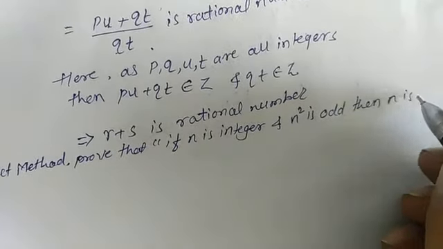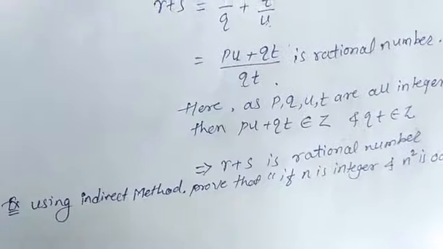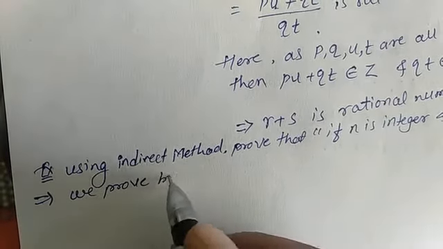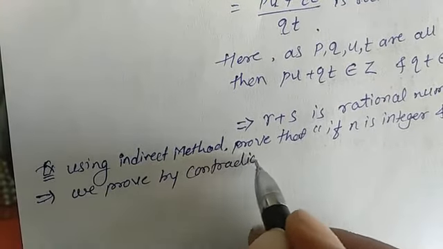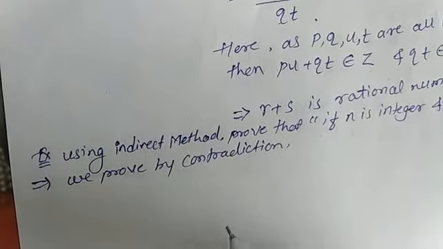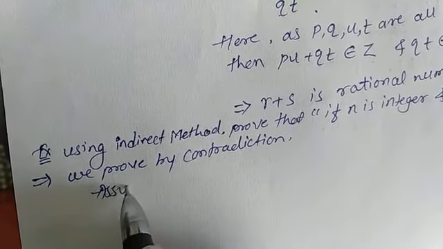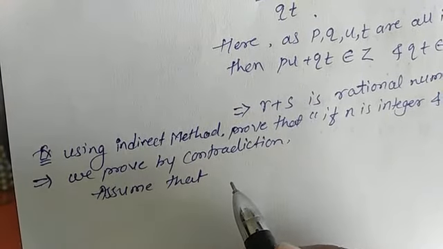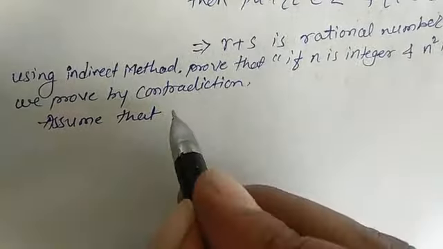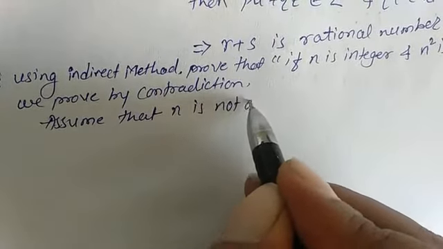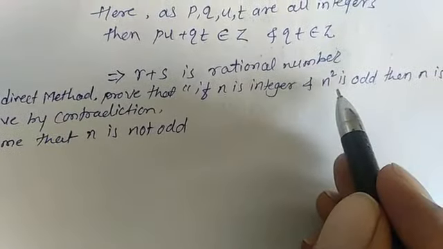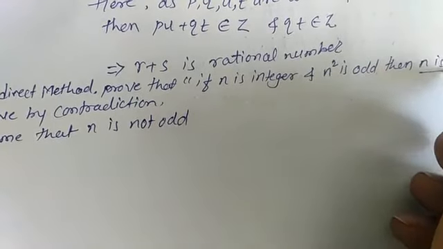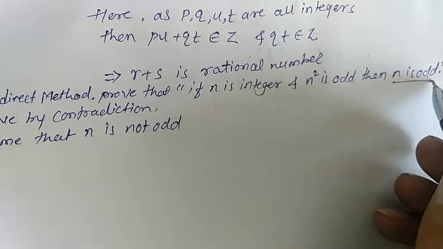We prove it by contradiction. Assume that n is not odd. Here n is an integer and n square is odd, and we have to prove that n is odd. Okay, this part is to be proved.